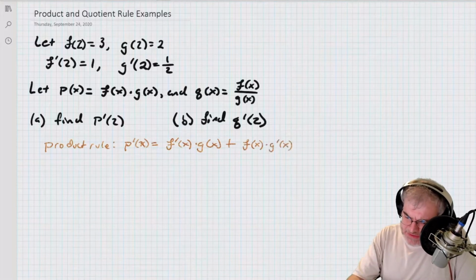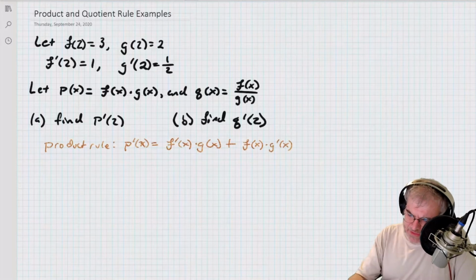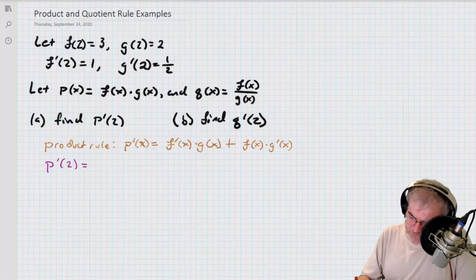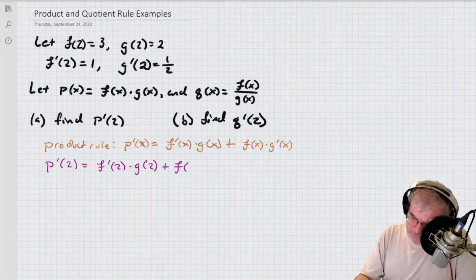So that means here that p prime of 2 equals f prime of 2 times g of 2 plus f of 2 times g prime of 2.